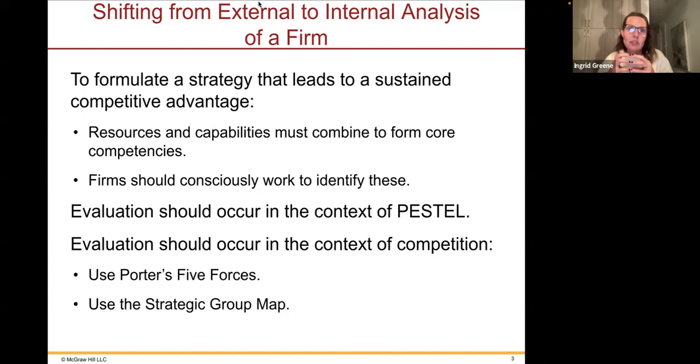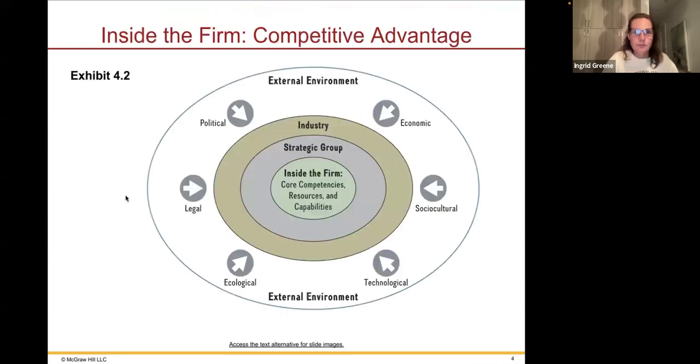You can be in the same industry, like the airline industry, but in a different strategic group. Southwest is a low cost airline in the same industry as American Airlines, but it's not in the same strategic group. JetBlue is in the same strategic group because they are still moving forward with a low cost model.